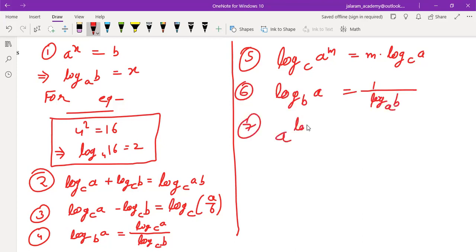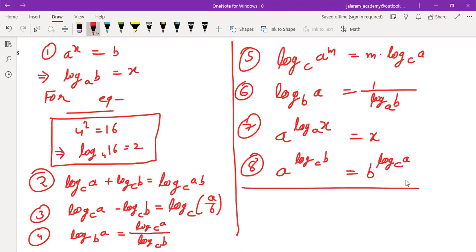A to the power log x to the base a equals x. A to the power log b base c equals b to the power log a to the base c. So write these properties and learn them. They will be used in several exercises. So first of all, write these properties and learn them.